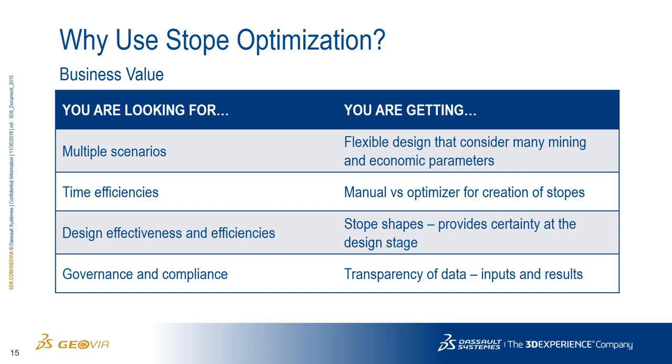Part of that is also governance and compliance, transparency of your data, the inputs and results in terms of the factors that we used to generate the stope shapes is an invaluable tool for any mine planner.